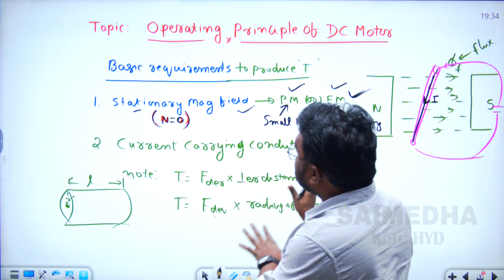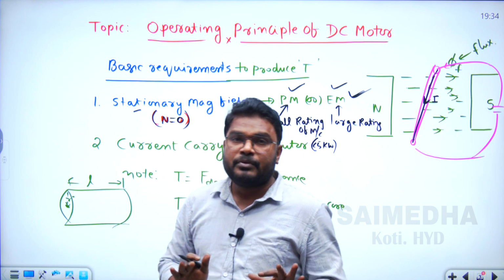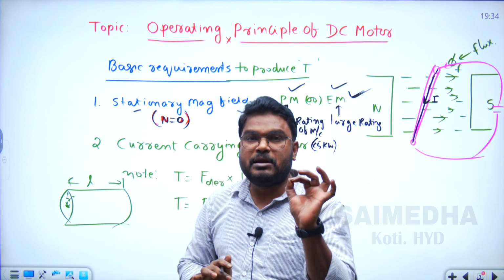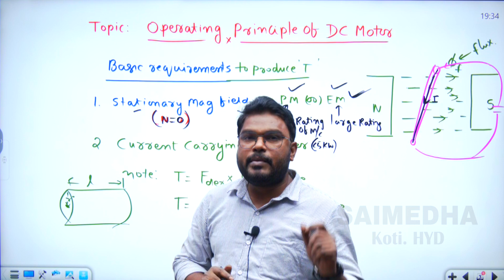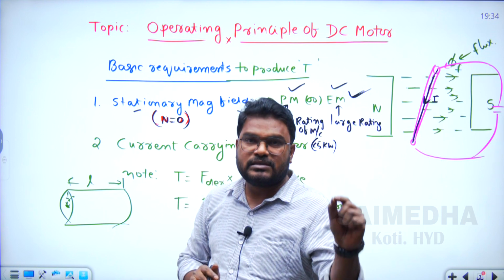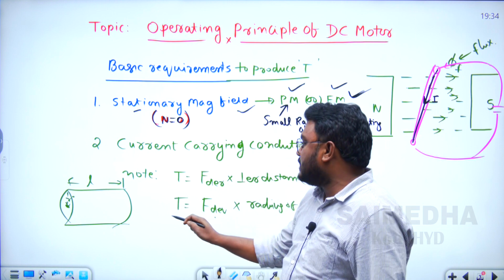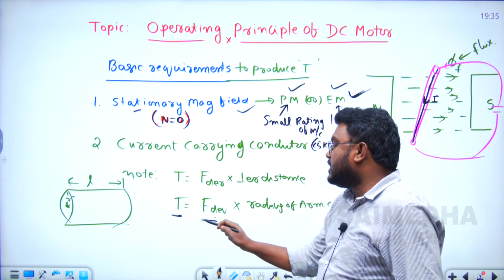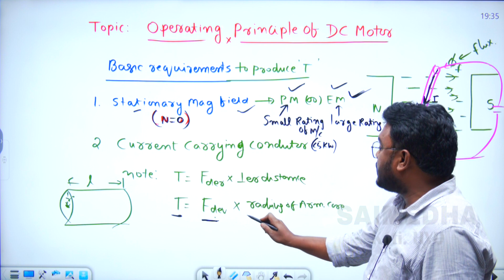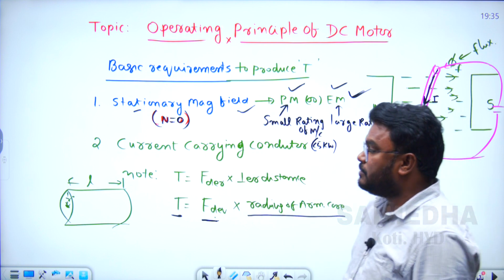These are the basic requirements to produce the torque. I repeat once again, what is meant by torque? The twisting moment of force about an axis is called the torque. The mathematical relation: the torque is the force developed by the conductors multiplied by the radius of the armature core.